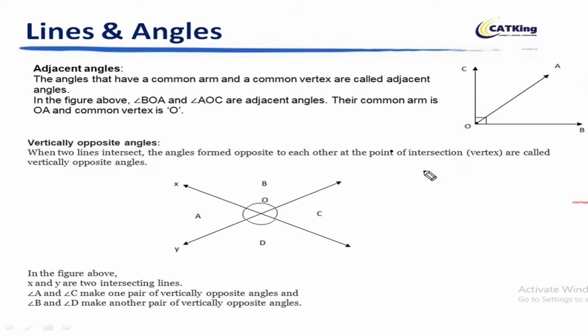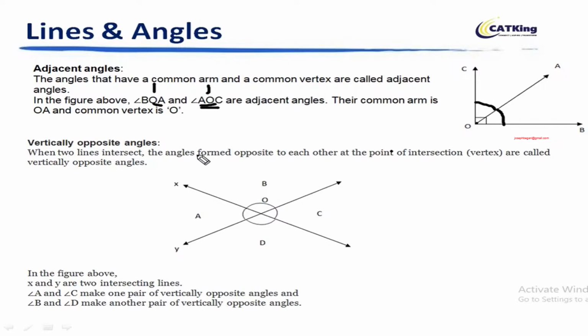So when I say angle AOC and angle BOA, you can see OA is a common arm in both these angles, and O is a common vertex. So we can say that angle BOA and angle AOC are adjacent angles. Adjacent angles means nothing but two angles which have a common arm and a common vertex.